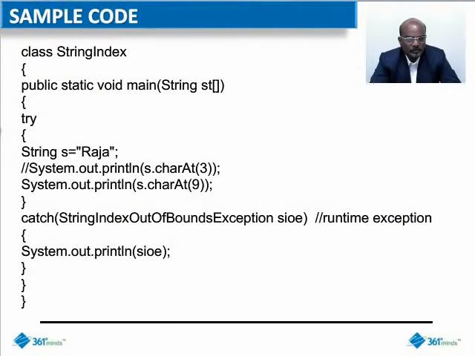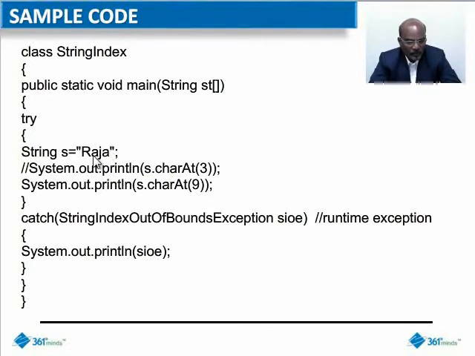The next example we are seeing is a string index out of bounds exception. Just like the array, I have created a StringIndex class, and in the main method, once again the try catch block, I have initiated a string s with the value "raja" in double quotes.